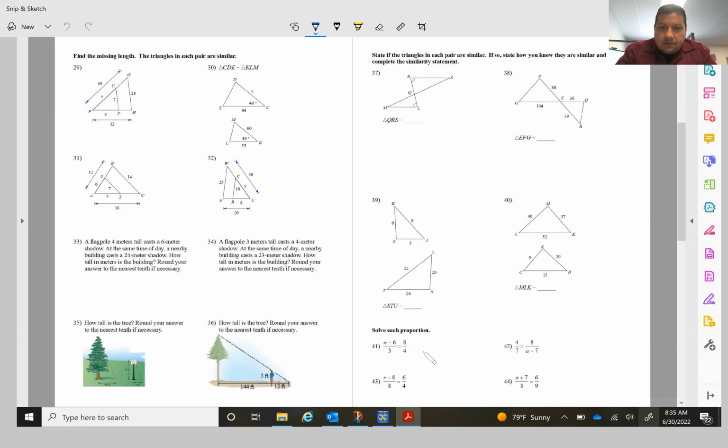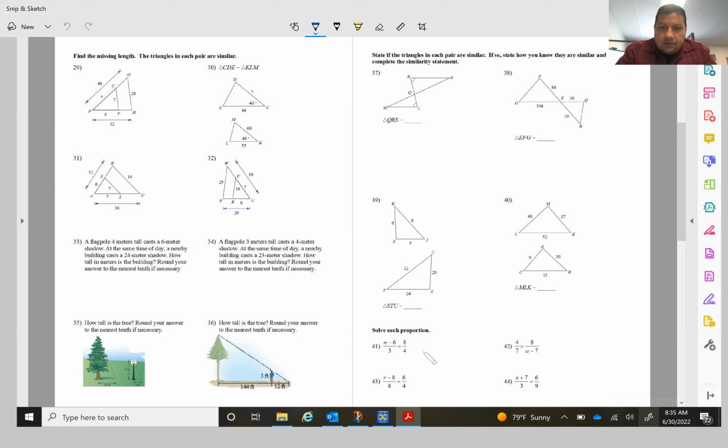Nice. Same thing with question number 34. There's a flagpole that is 3 meters tall and casts a 4-meter shadow. I'm going to create a triangle, since I only know the height and the shadow.